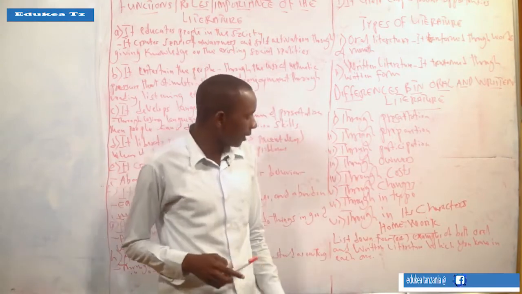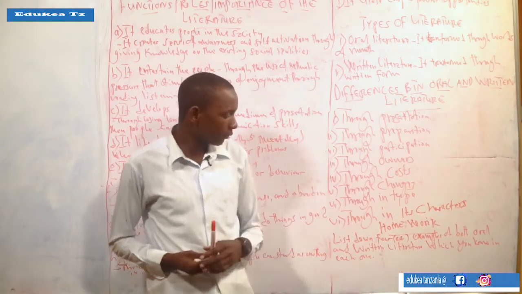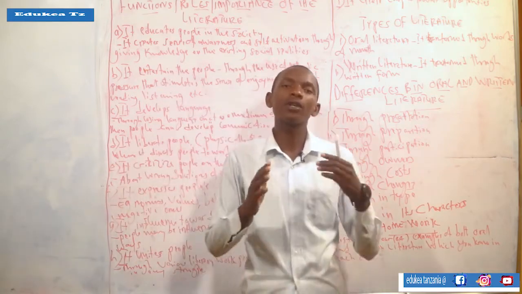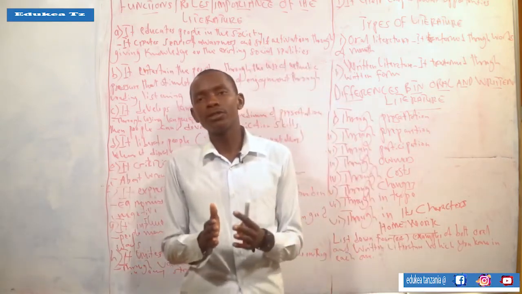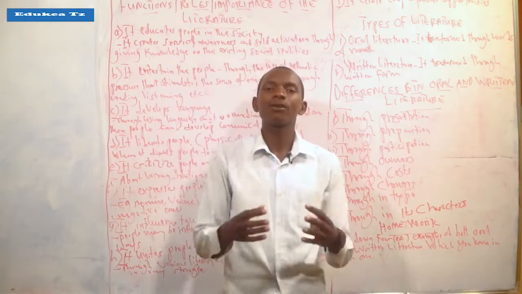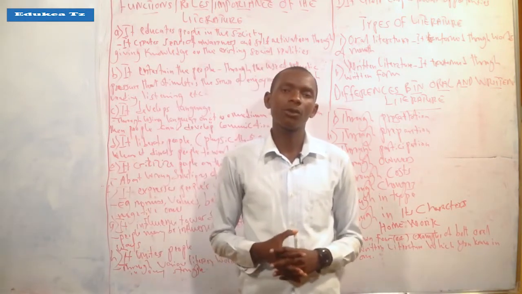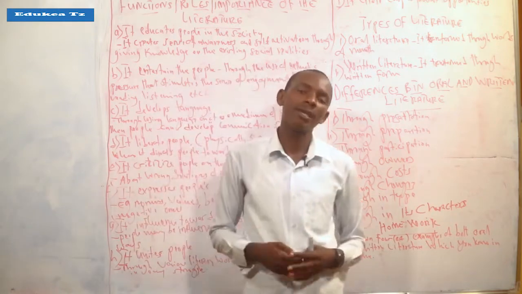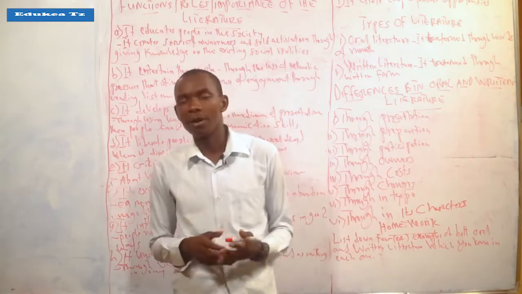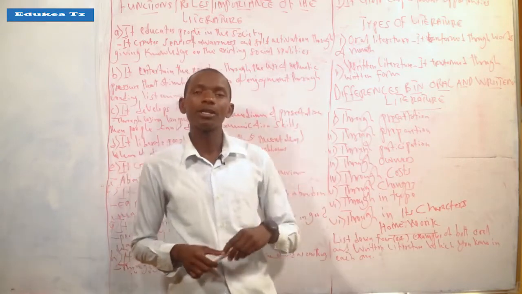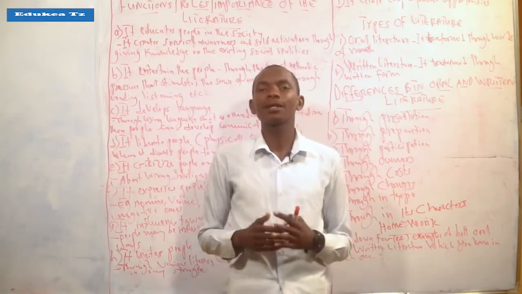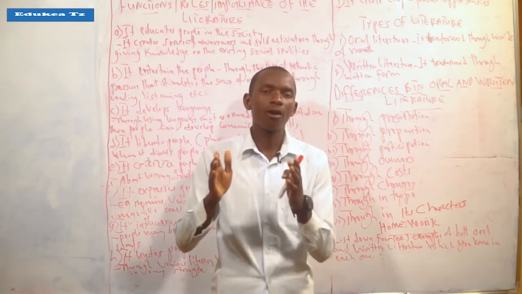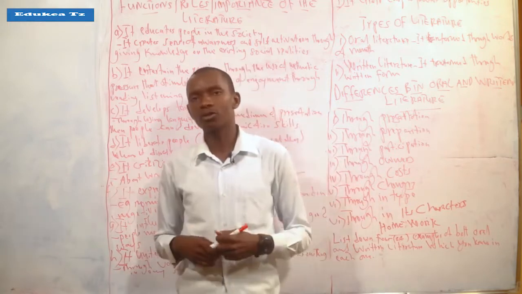Another difference between these two types of literature is characters. Oral literature uses several types of characters, which can be animals, human beings, and anything. But when you come back to written literature, most of the characters included are human beings.